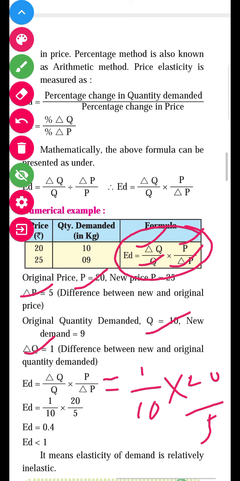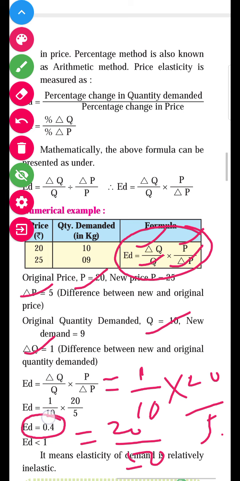When we solve it, 1 into 20 is equal to 20, upon 10 into 5, which is 50. So 20 upon 50 is equal to 0.4. 0.4 is the answer.